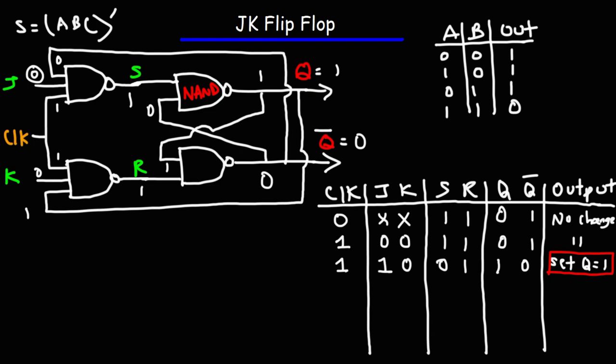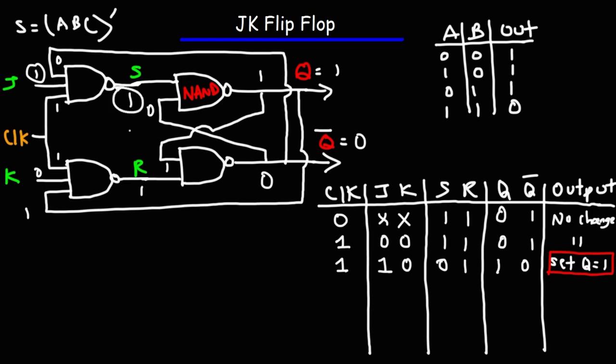If you press J to 1, S is still going to be 1. Right now, we haven't pressed K. K is waiting to be pressed. So because K is 0, R is 1. So notice what's happening here. Whether we press J to 1 or release J to 0, S is locked into 1.